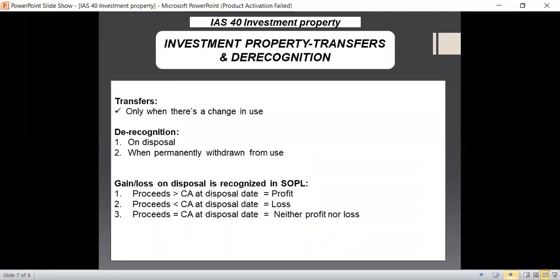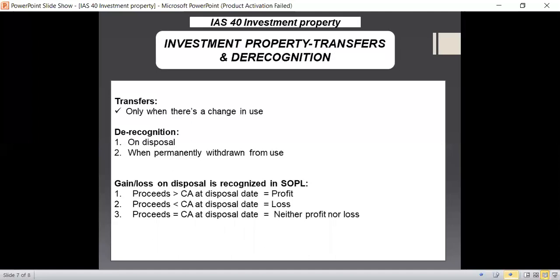Now let us have a look at the transfer of an asset to or from investment property, whether it is allowed or not. The answer to the question is yes. You can do it, but only when there is a change in use.